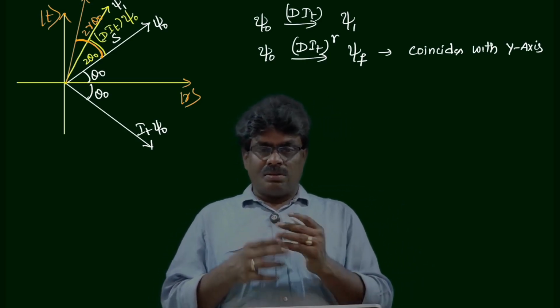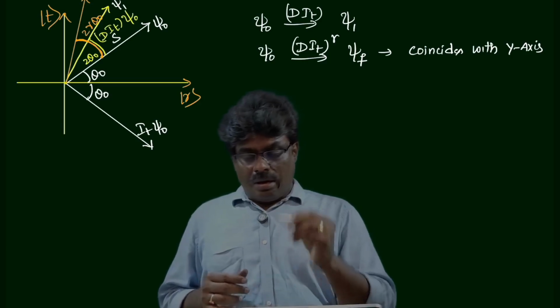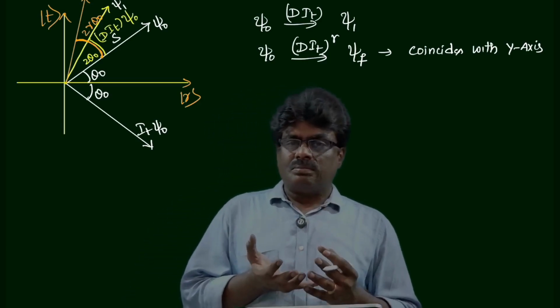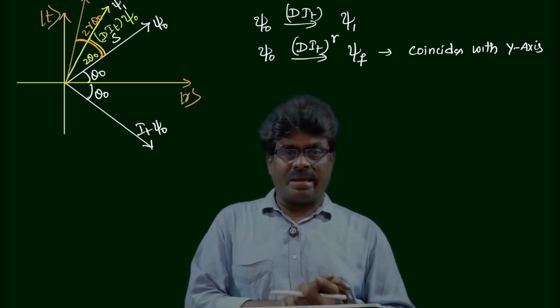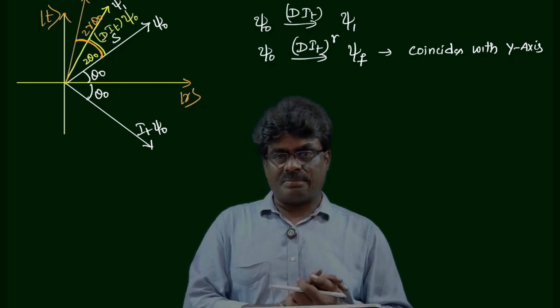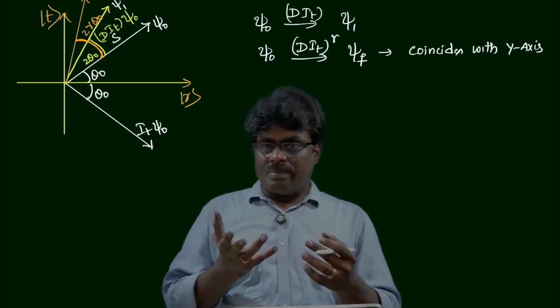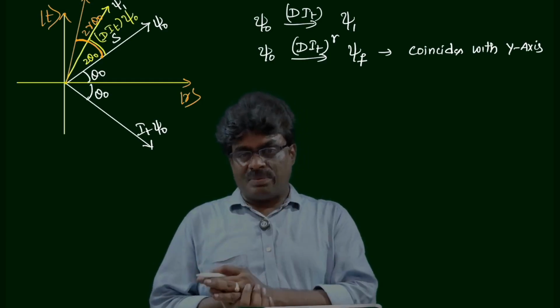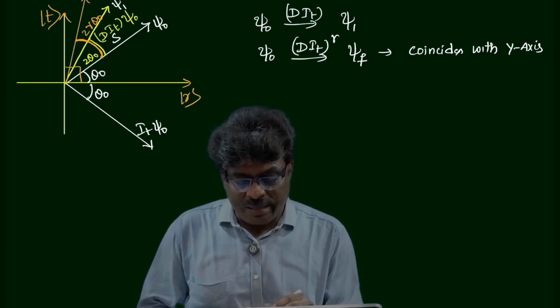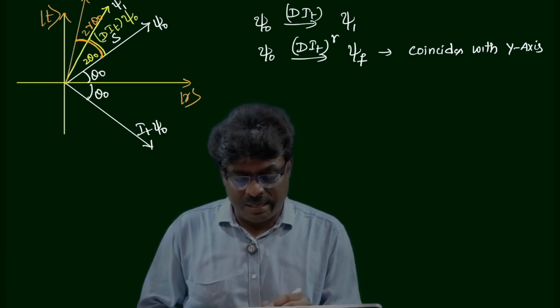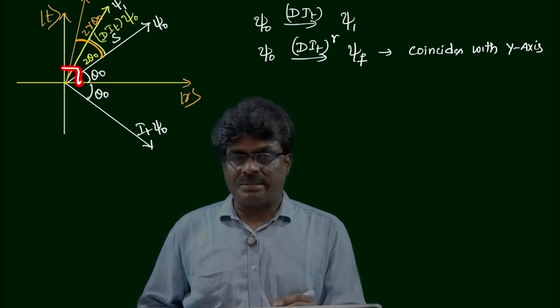Now let us assume that after some r number of iterations, it comes close to or coincides with the y-axis. Then this total angle will be 90 degrees.